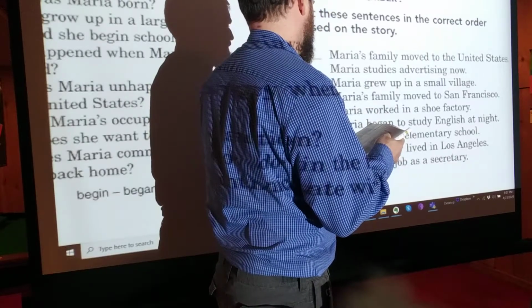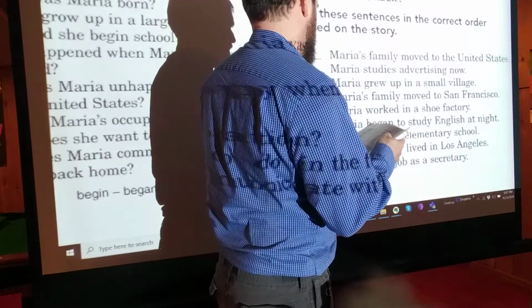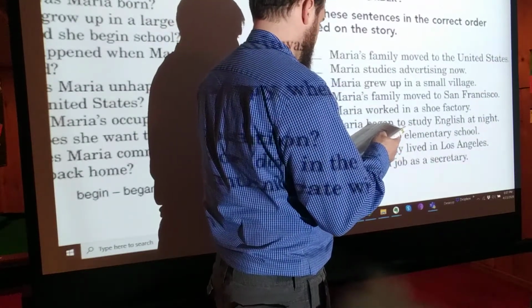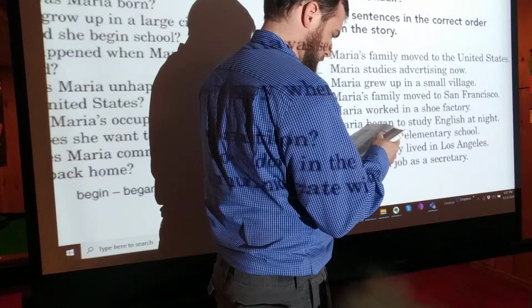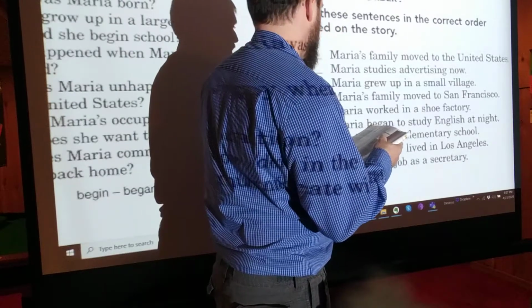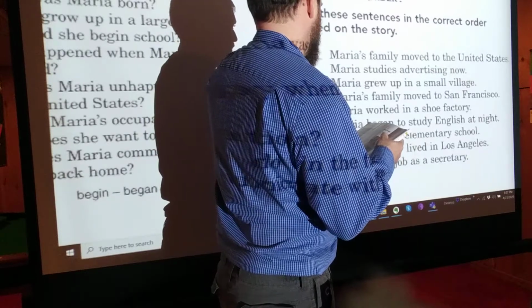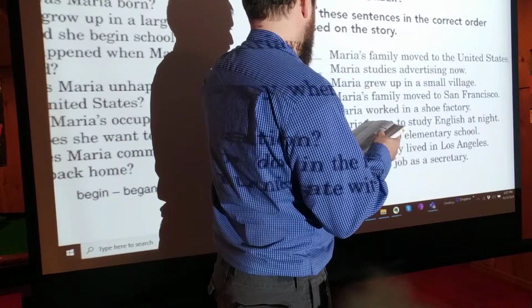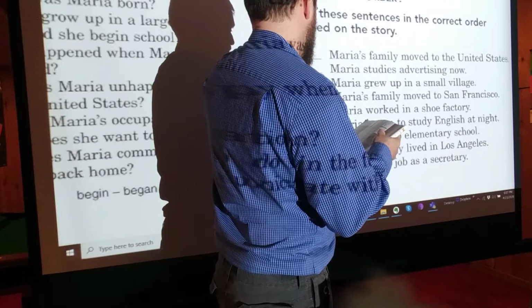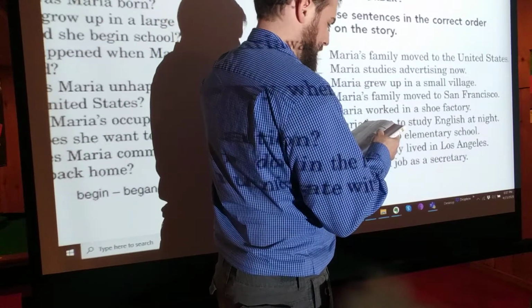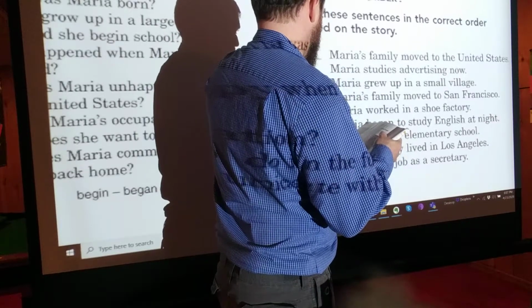Yes, I believe that's number 2. Then, number 2, Maria went to elementary school. Okay? And probably her family moved to the United States next. Does that sound right? Number 3. Yes, I believe that would be number 3. Number 3, Maria moved to the United States.